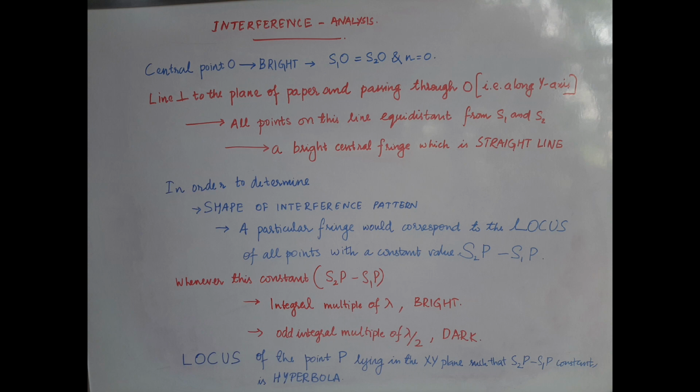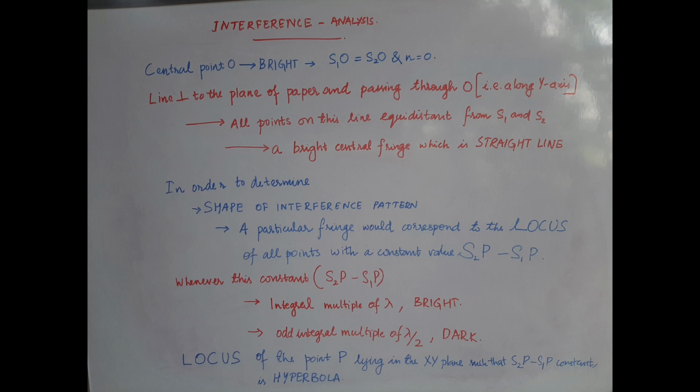All the points on this line are equidistant from S1 and S2, so a bright central fringe in a straight line can be observed on the interference screen.